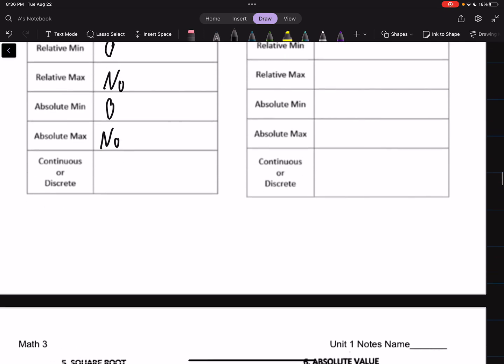Here's the difference. If we have a line, okay? Anytime there is a turning, so this is going down, then it comes back up, we have a relative minimum. So this point here is a relative minimum.